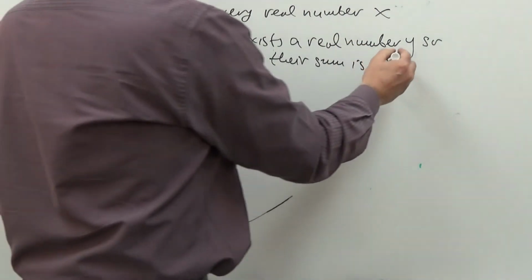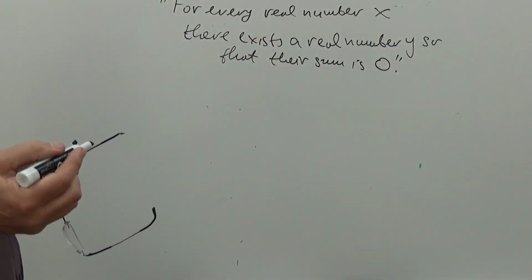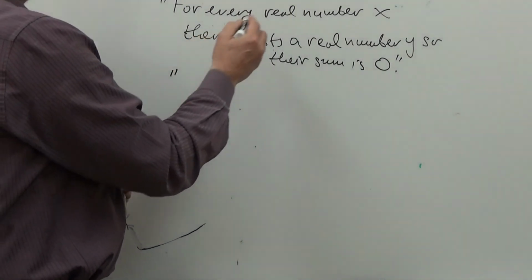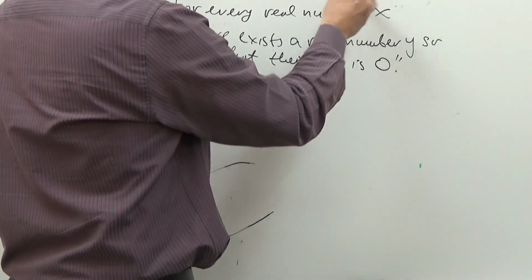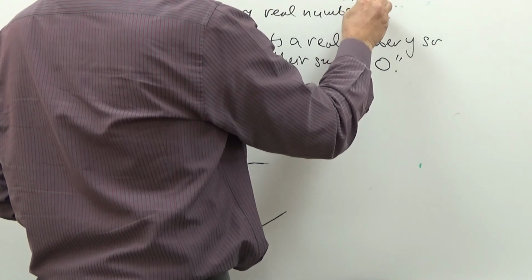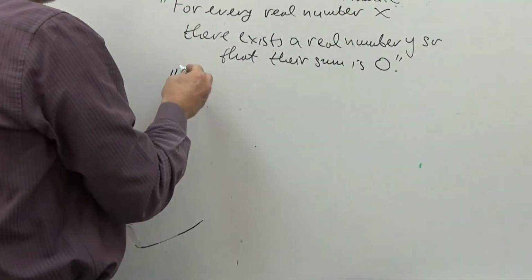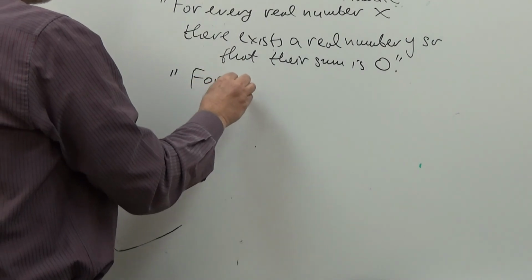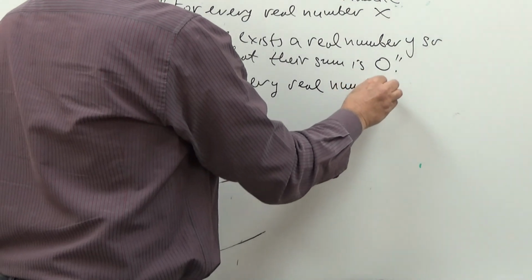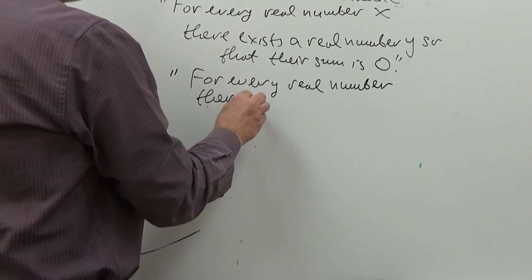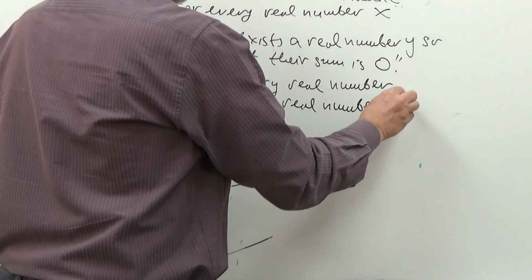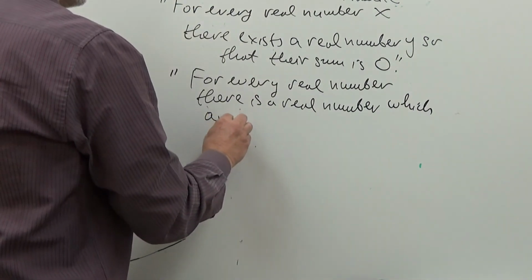Of course, we can say this even without variables in a more natural sentence. When the sum of two numbers is 0, we say that they annihilate each other. So we can say the following: for every real number, there is a real number which annihilates it.